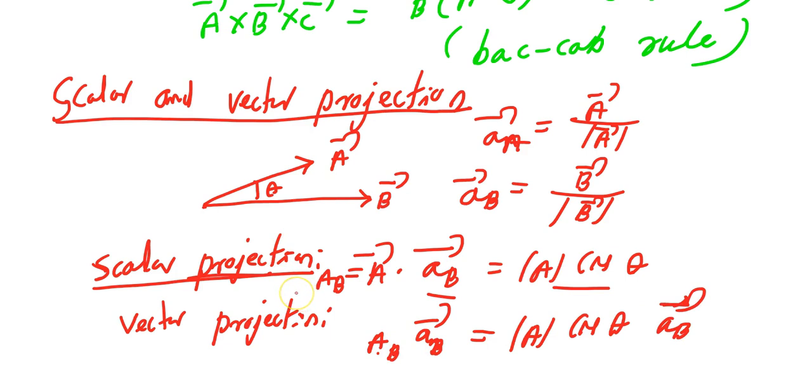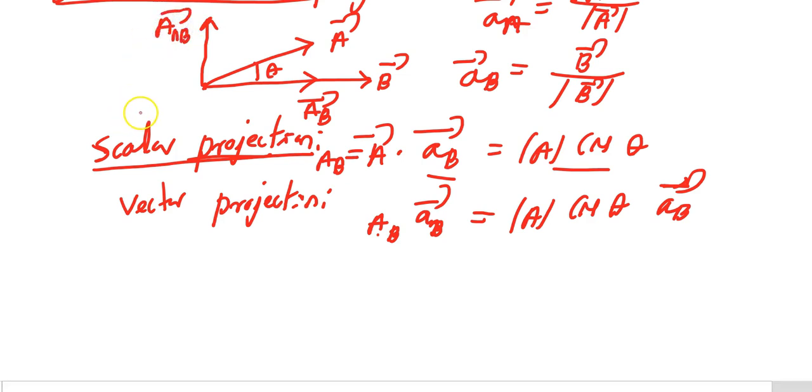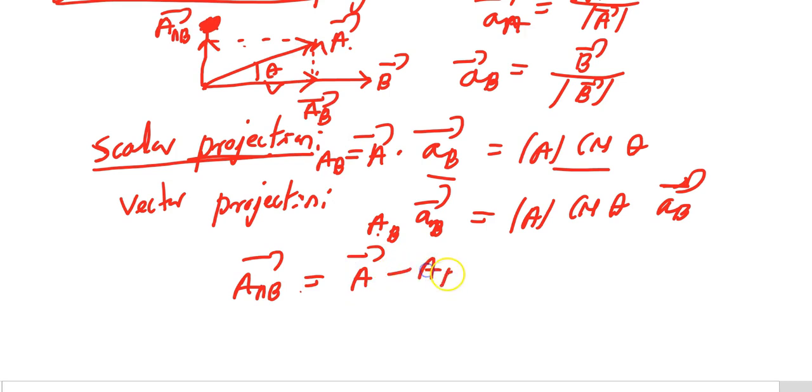Then the normal component of A normal to B: I have done the parallel one here, that is your A_B. Normal to B, use the vector relation, that is A normal vector is equal to A minus A_B.